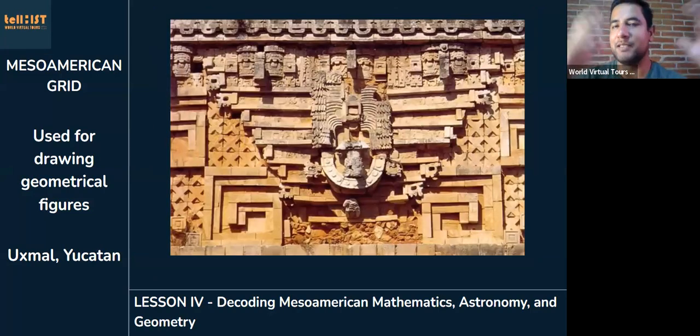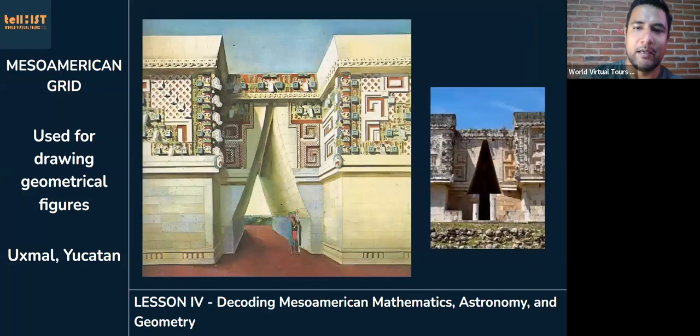So with the grids, they could develop also figures, lines, and geometrical figures that had also sacred meanings. Again, the original, it is as they looked in Uxmal, okay?